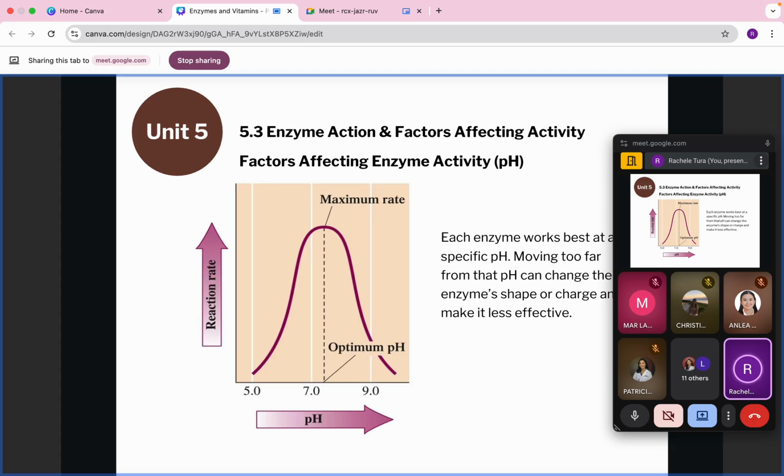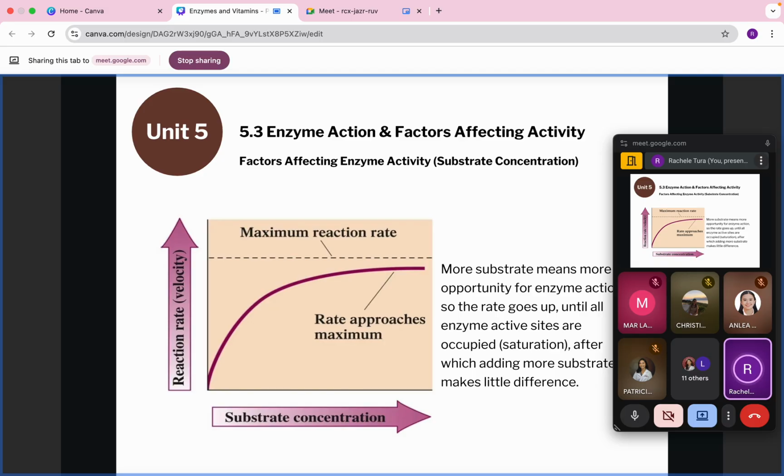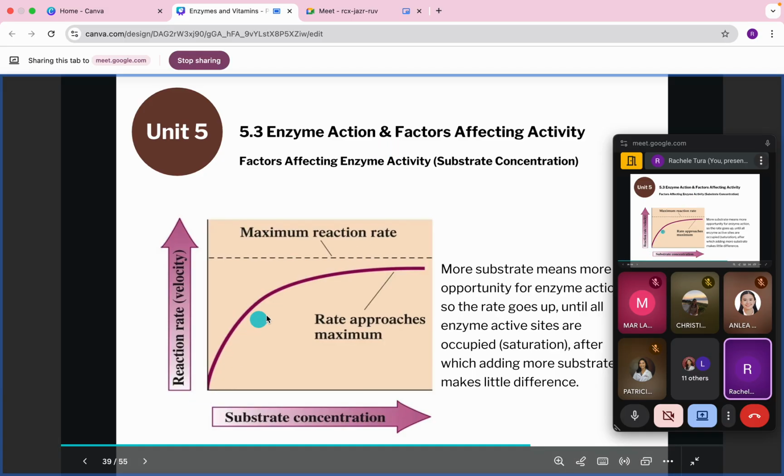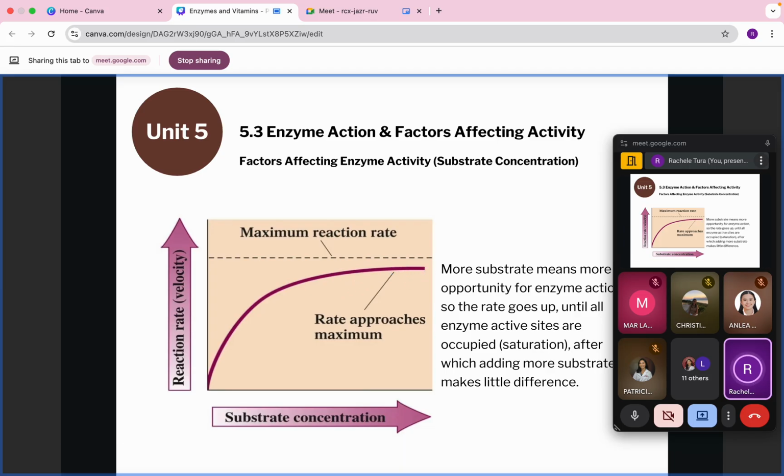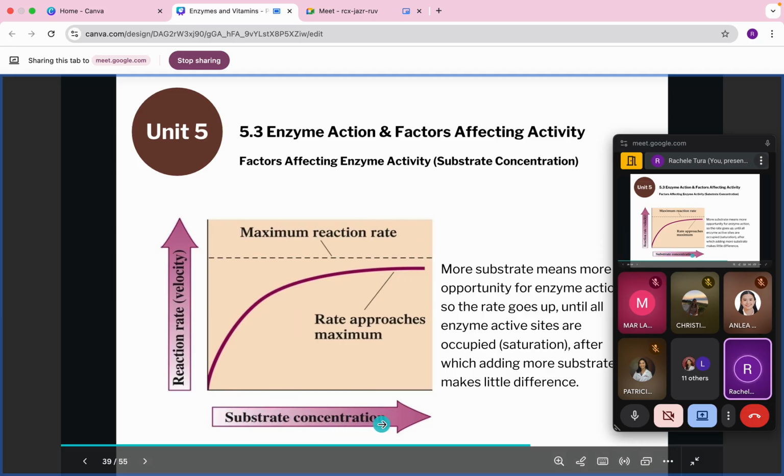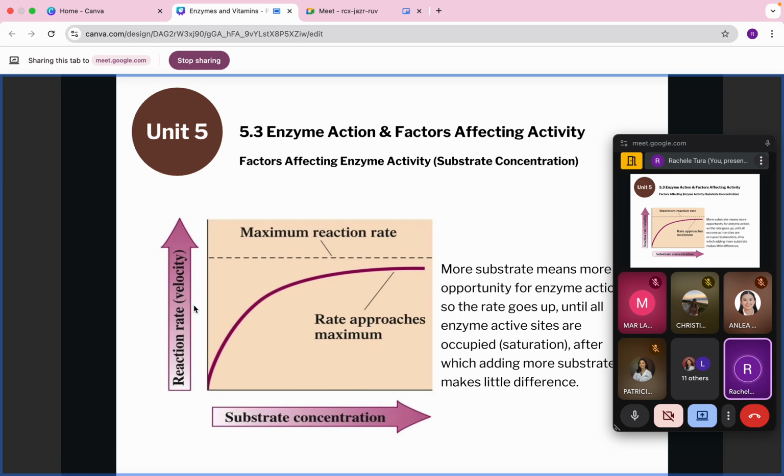Okay, for the next one, we have substrate concentration. You can see it's a little bit different in pattern in comparison to our first diagram. Here we have the substrate concentration plotted against the reaction rate. So how does this affect our enzyme activity?